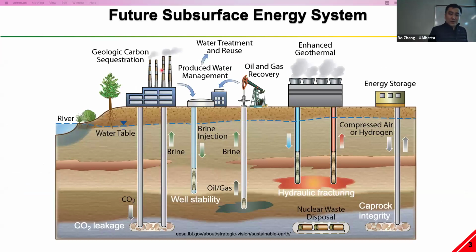A lot of you have probably seen this. The future subsurface energy system is not going to be focused only on the traditional oil and gas industry. So we will have more components like geological carbon sequestration, where we inject supercritical CO2 in the saline formation. And a lot of others are looking at depleted reservoirs, and CO2 leakage is going to be a huge thing, right?